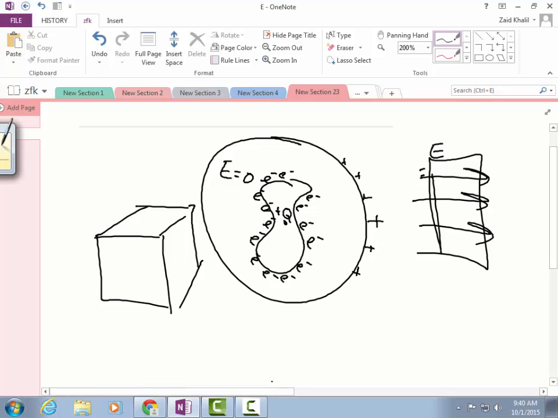The electrons are going to pile up here, inside this material, and the positive ions are going to pile up here. But what is that going to do? It's going to induce a field in the opposite direction in the material, and it's going to continue happening until that field cancels out the external field.